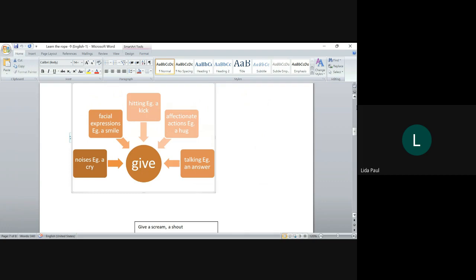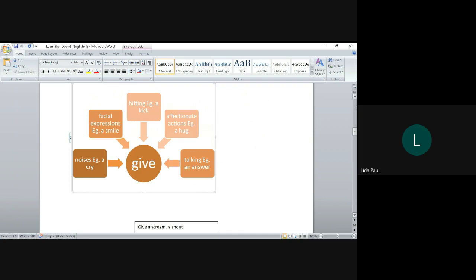Next is give a smile, facial expressions. Give a smile or give a grin, right? Any expressions related to your facial expression can also be connected with the verb give. Next is hitting: give a kick, give a blow, give a punch.